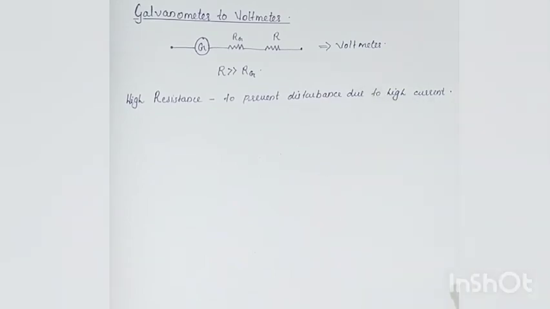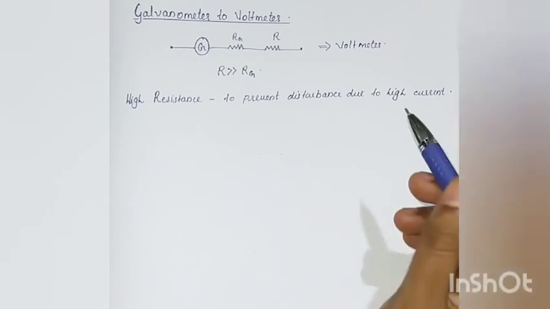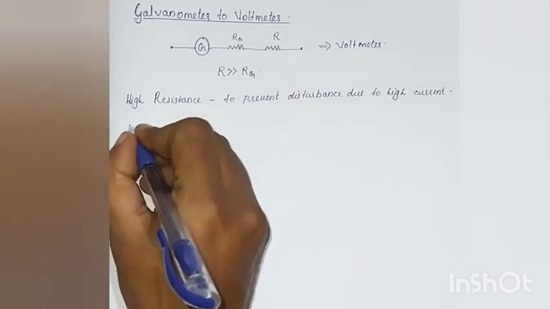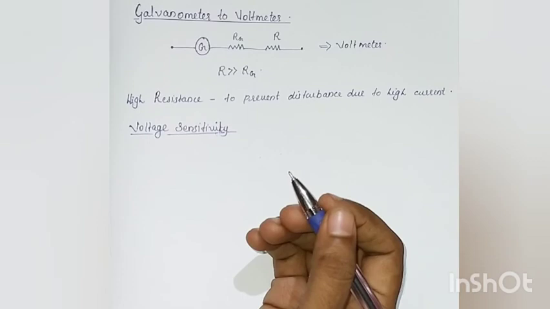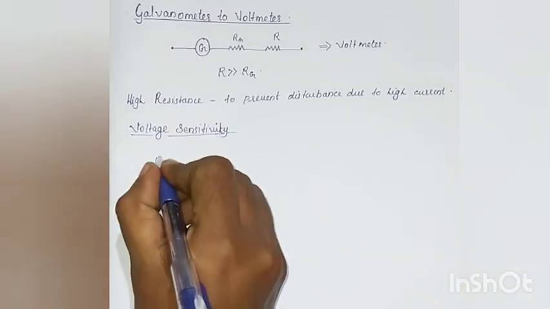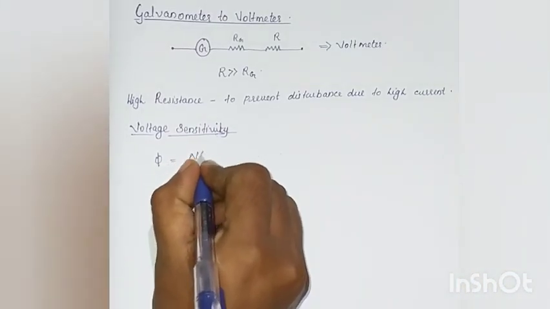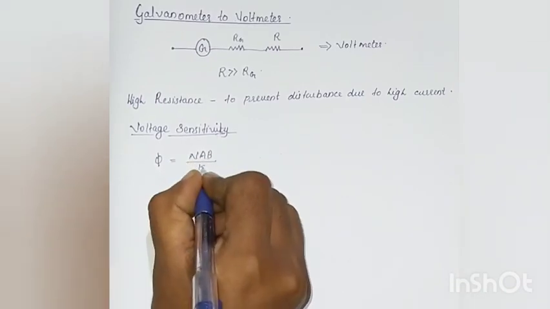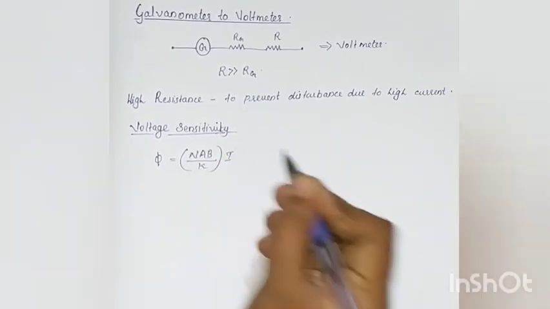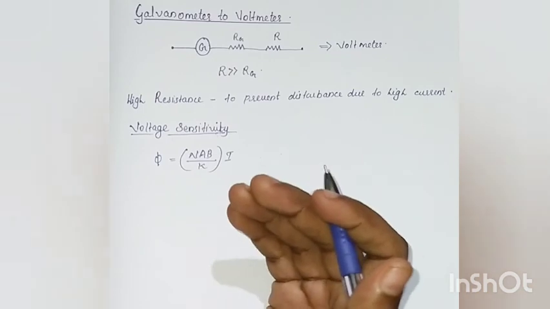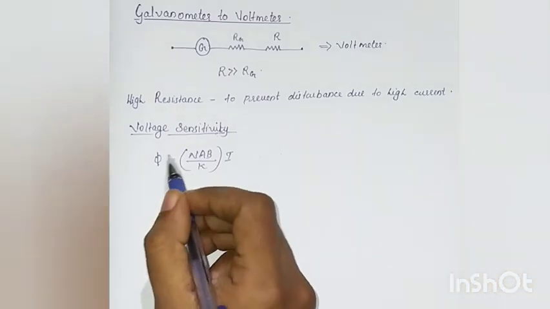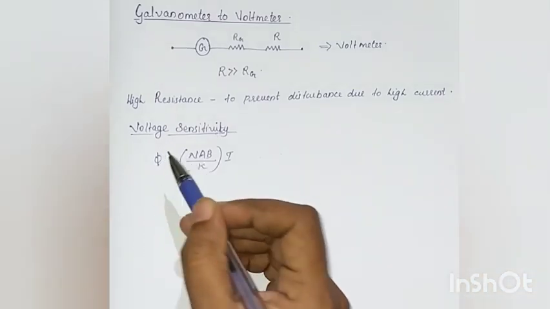Now we have to see the voltage sensitivity of our converted voltmeter. The angular deflection of a galvanometer is given by phi is equal to NAB by K into I. We have to know for a given voltage how much deflection phi we obtain.